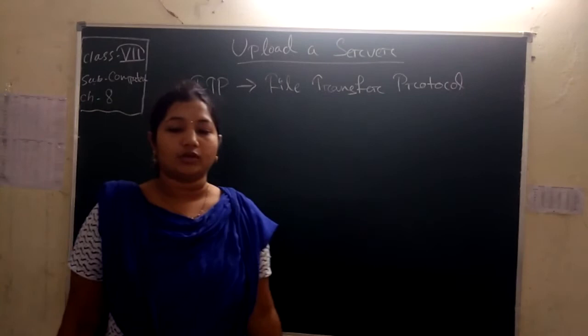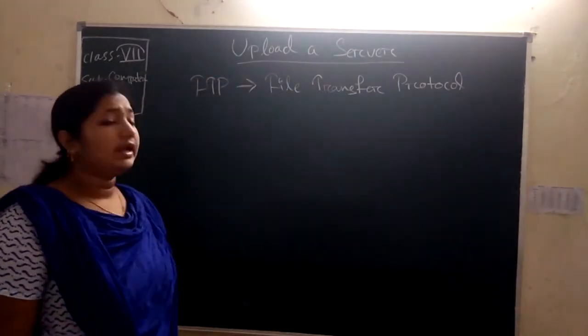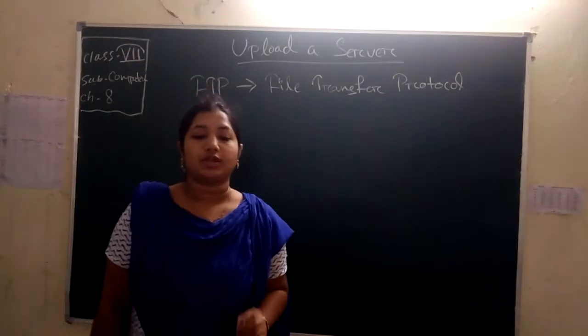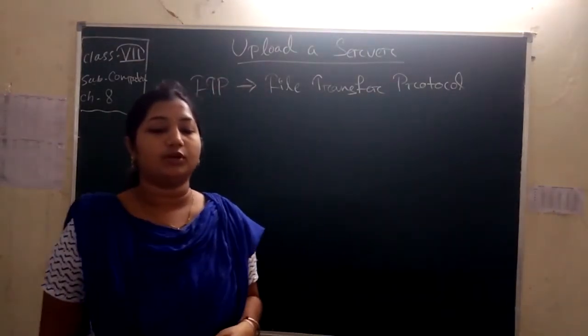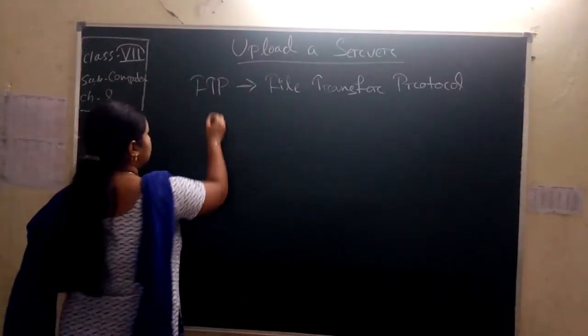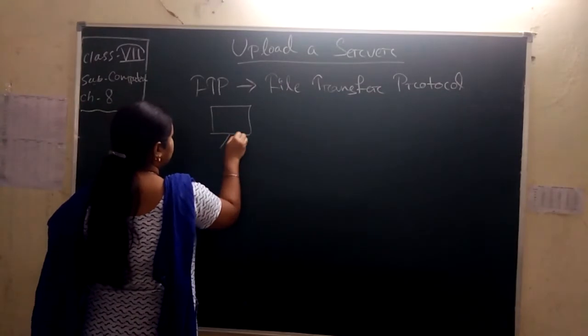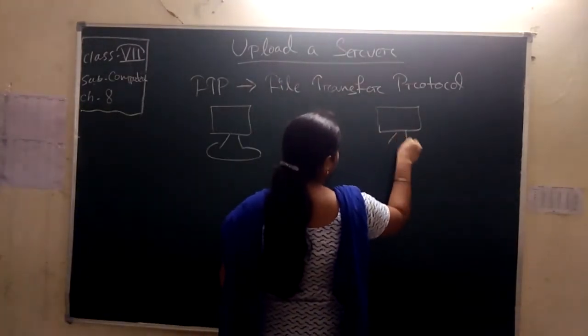FTP, as we also know before, is File Transfer Protocol, and FTP is used to transfer data from one computer, that is our personal computer, to another computer, that is the web server. So you can easily know: one computer and another computer.